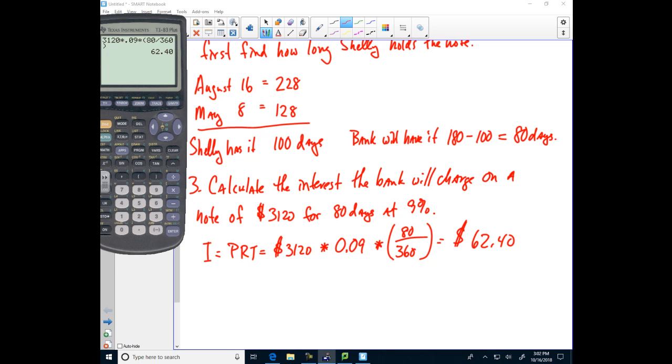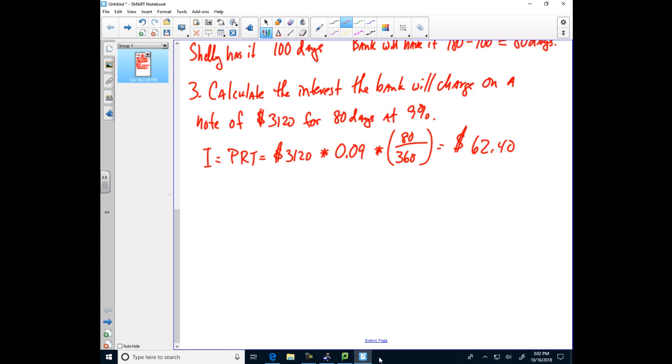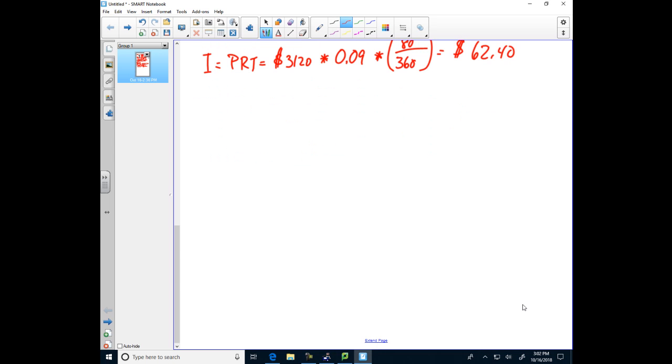So now look back at that list of steps. Step 4, calculate the proceeds. So let's do that. Let me scoot this up a little bit.